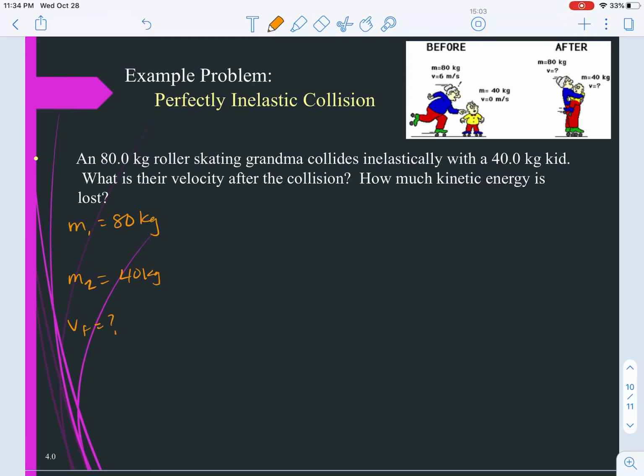So VF is what we are looking for. Now, should we have a VF1 or a V1F and a V2F, or is it just VF? In this case, it should just be one single VF. There's no need to identify a first or second object because they are going to stick together.